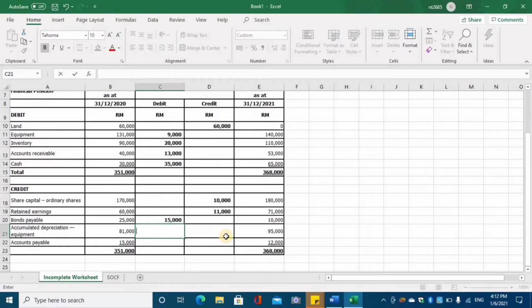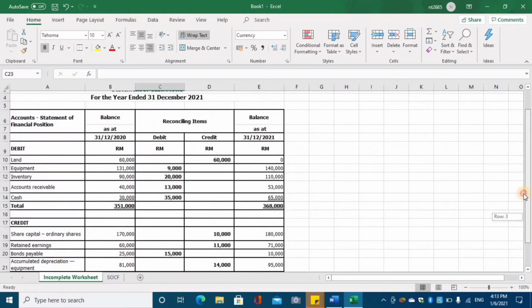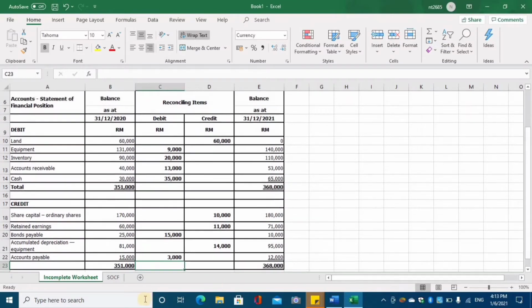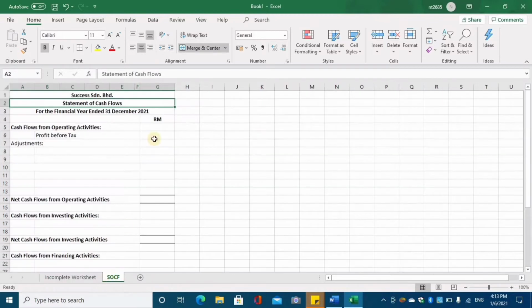So we put at credit side 95,000 minus 81,000. Accounts payable, the balance is decreased. We put at debit side 15,000 minus 12,000. So this is my reconciling item for the worksheet. And then go to statement of cash flows.